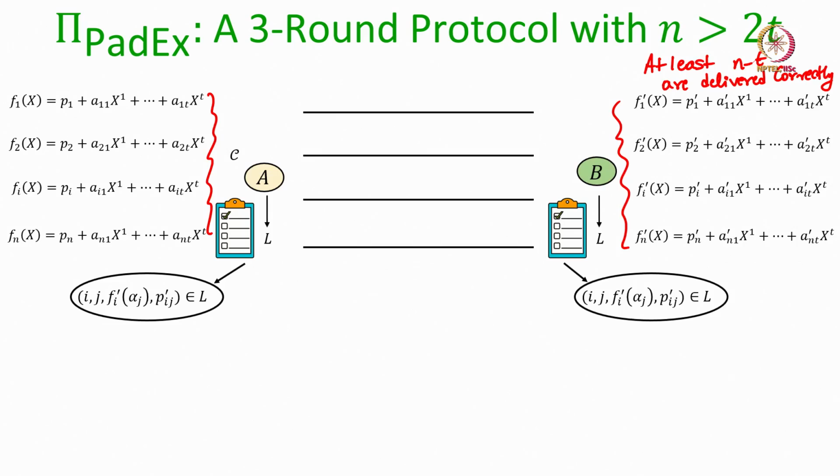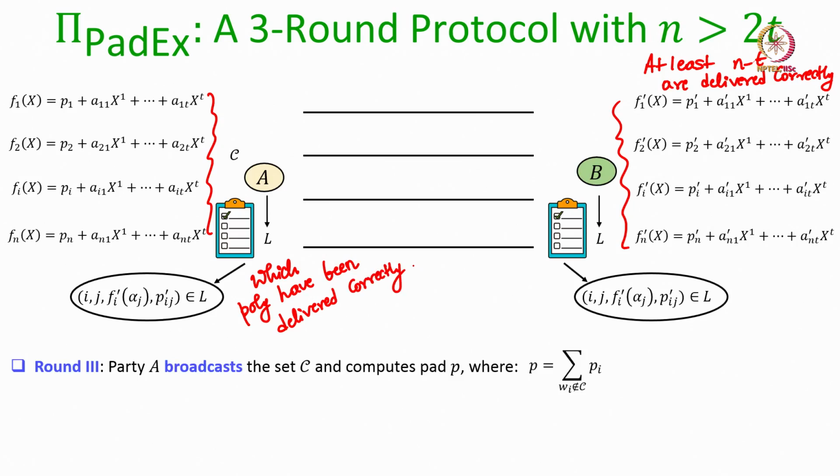But A knows at the end of round 2 which polynomials have been delivered correctly. A has now that information. So what A does is, during round 3, party A provides the information regarding the wires which have delivered incorrect polynomials by broadcasting the set C.